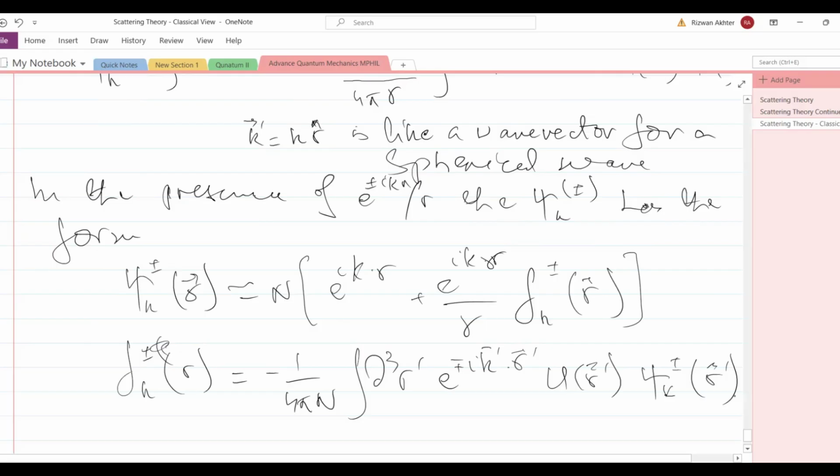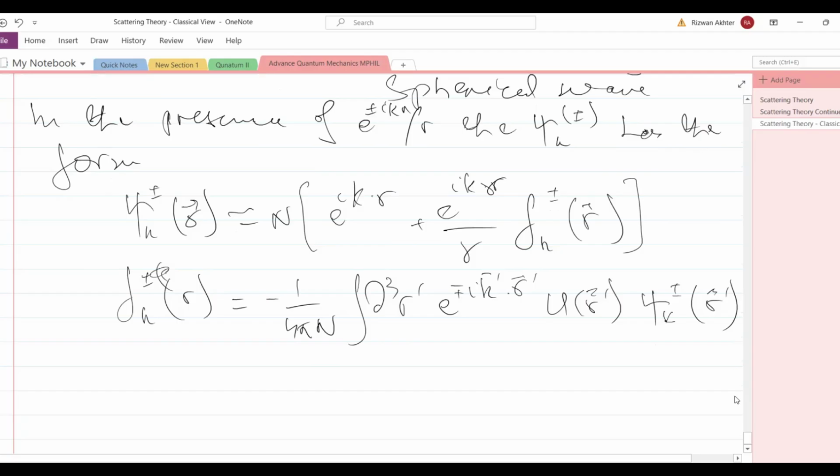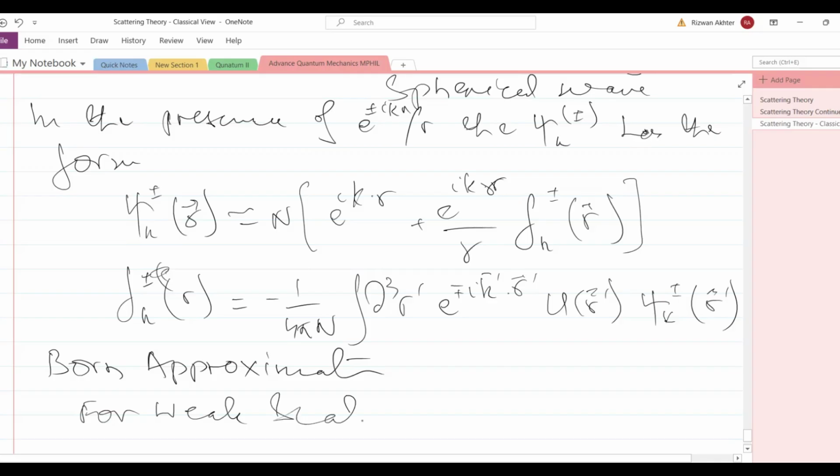अब यहाँ पर एक assumption करेंगे which would differentiate this procedure from the partial wave analysis, which is known as Born approximation. Born approximation, and what is that? We consider weak scattering. What is weak scattering?